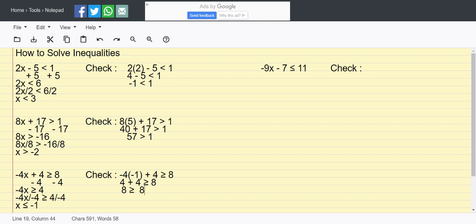Our last inequality for this video would be negative 9x minus 7 is less than or equal to 11. The first step is to get rid of the negative 7. To do that, you have to add 7 to both sides.